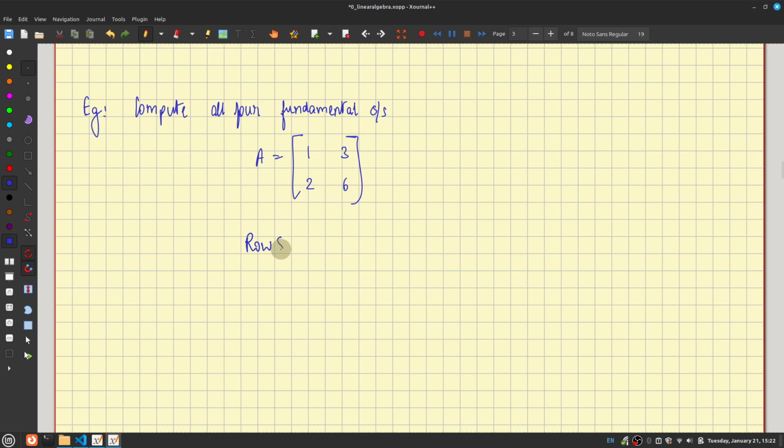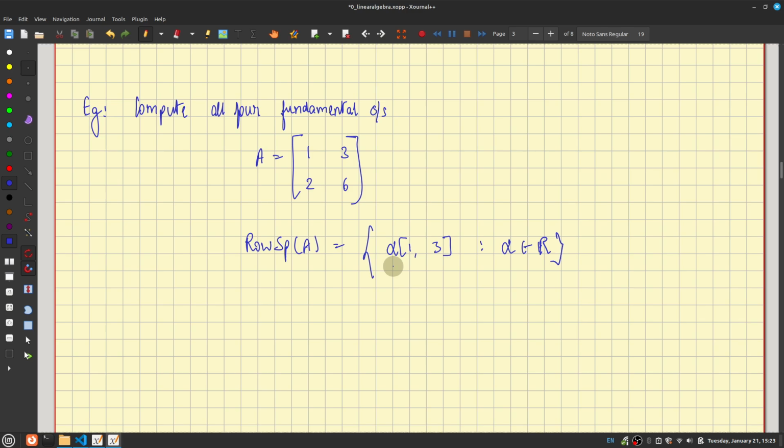Let's compute maybe the row space. You can just take 1, 3. Right, so any alpha times 1, 3.